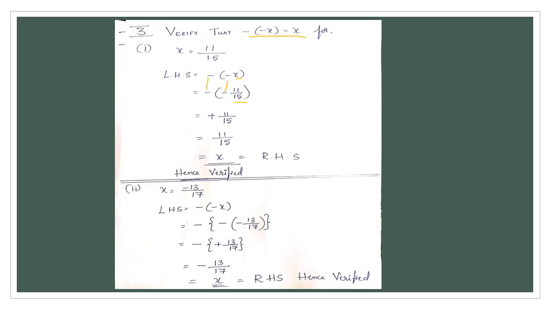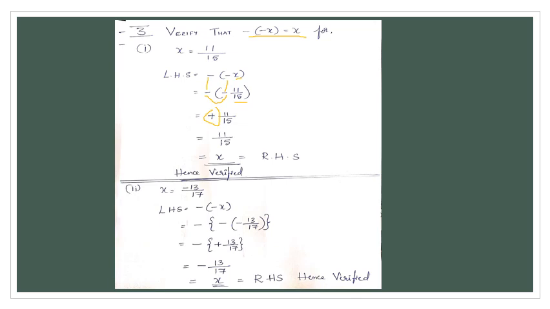They have given the x value as 11 by 15, so write down the x value as 11 by 15. Now let us multiply. Here the bracket is nothing but the multiplication symbol. So multiply the minus and minus sign. Minus into minus will give plus.